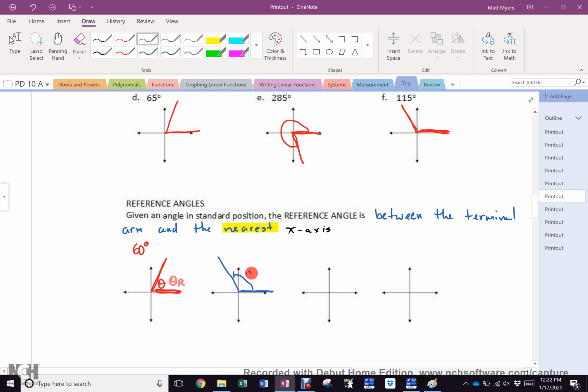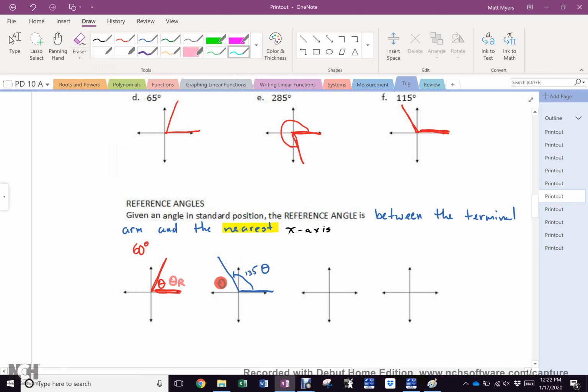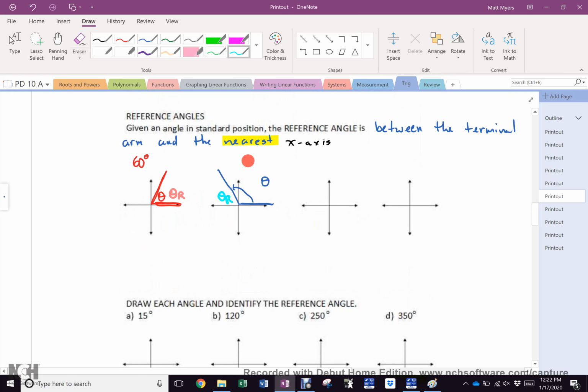This is 135. That is theta. But theta has made this reference angle here. Everybody understand? Oh, sorry, it wasn't 135. Harry, you said 120, right? Yeah. Okay. So the reference angle will live in there.